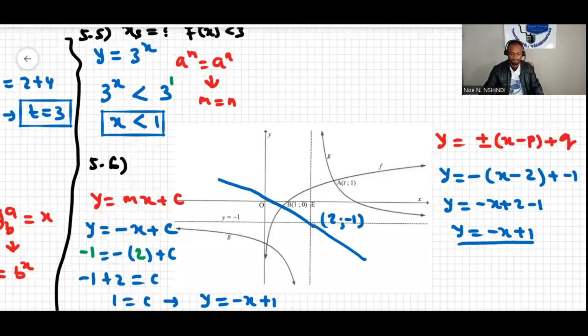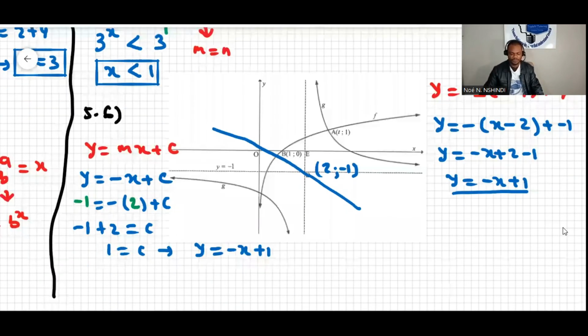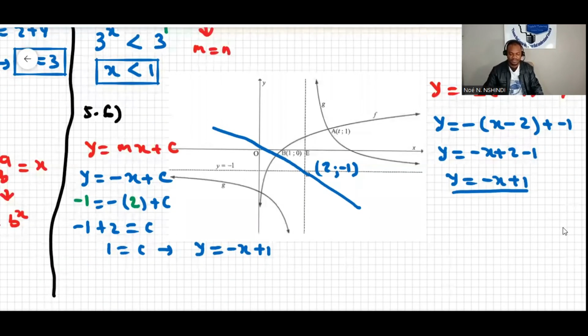To find the point of intersection, we're going to equate the equations, but let's first see what's going to happen. If I do f of x, which is given by log of x base 3, equal to negative x plus 1.